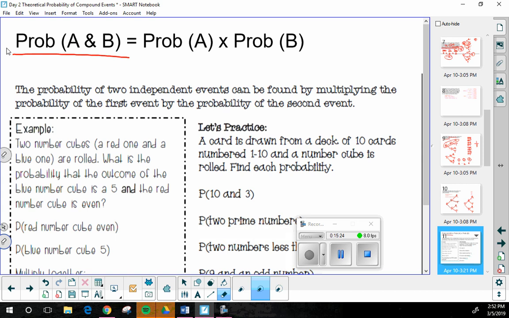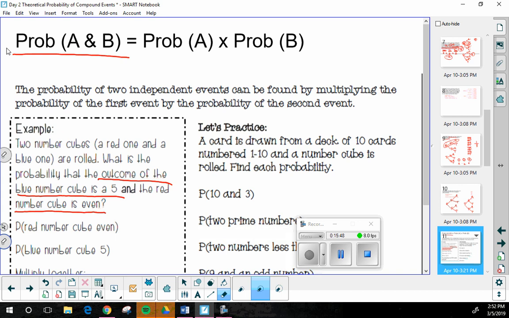Here are some examples right here. If I roll two number cubes, also known as dice, a red one and a blue one, what is the probability that the outcome of the blue dice is a 5 and the red dice is even? So I have two dice. Whatever I roll the second time is independent of what happens the first time.